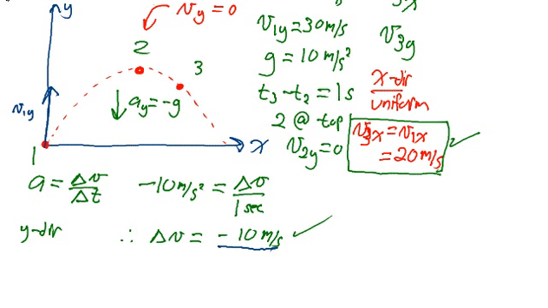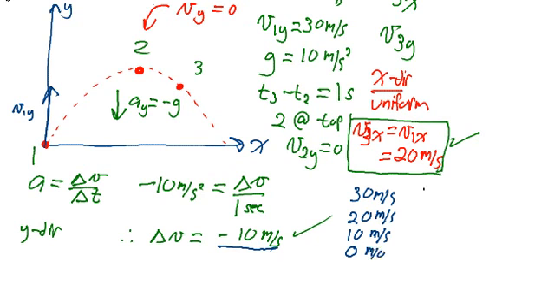So if we start out with 30, then after 1 second of time, the velocity should have decreased to 20. And then after another second of time, it should decrease by 10 meters per second more to get to 10. And then finally, in 1 more second of time, the velocity would become 0.